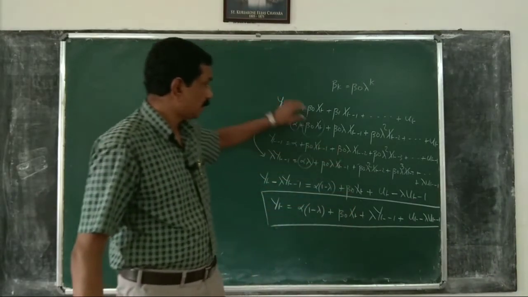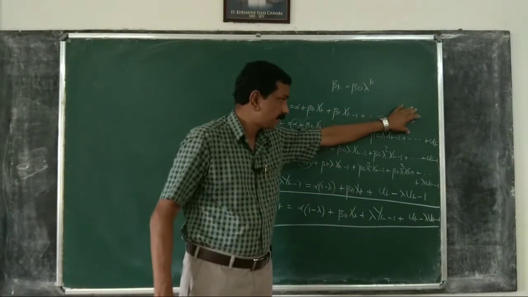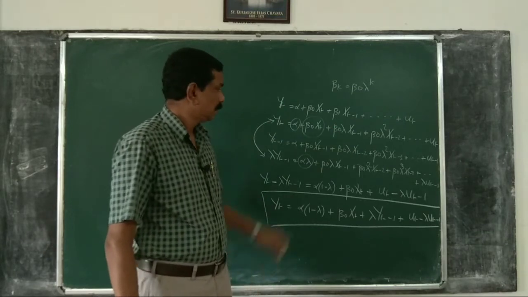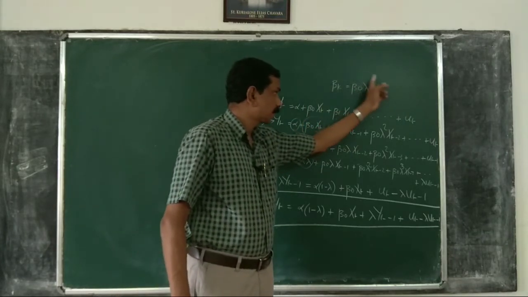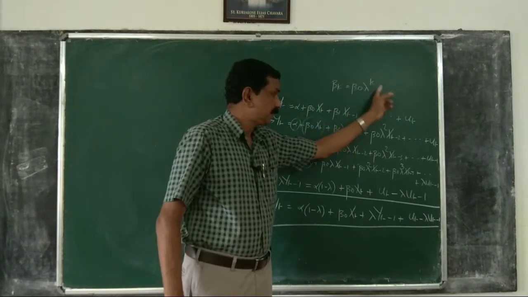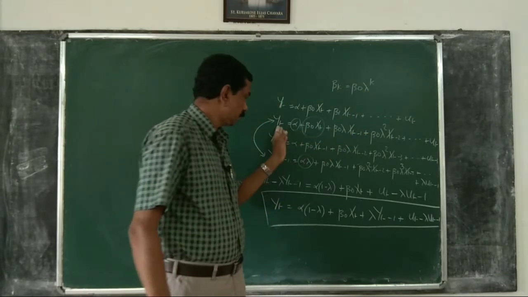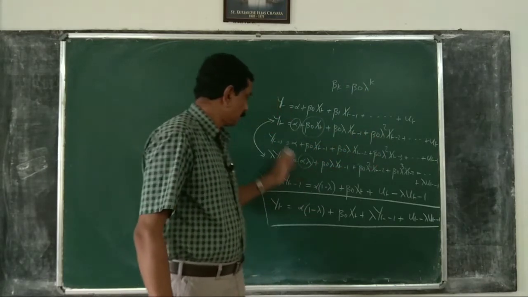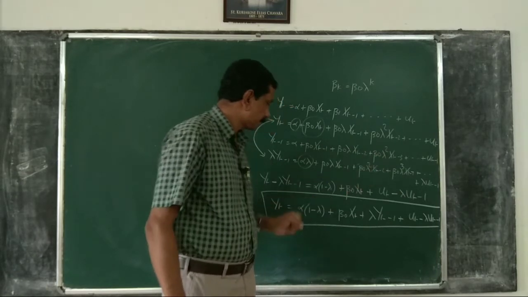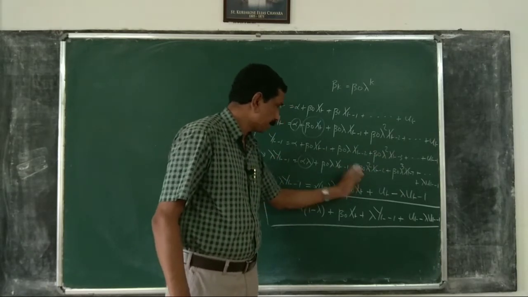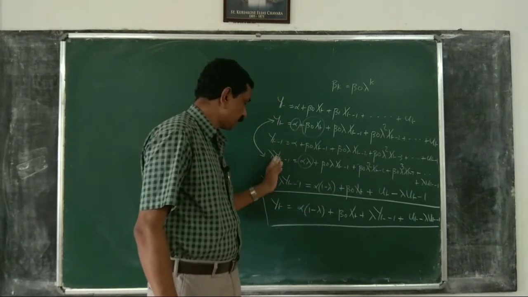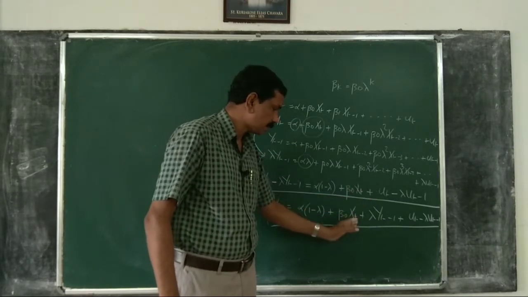We started with an infinite distributed lag model. By using the mechanism generating the model, we rewrite it like this: lag it one time period, multiply it with lambda, subtract this equation from this, and make some rearrangements.